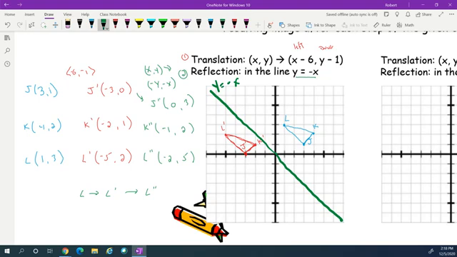And now we can go ahead and graph this. We have 0, 3 for J double prime, -1, 2 for K double prime, and L double prime is at -2, 5.